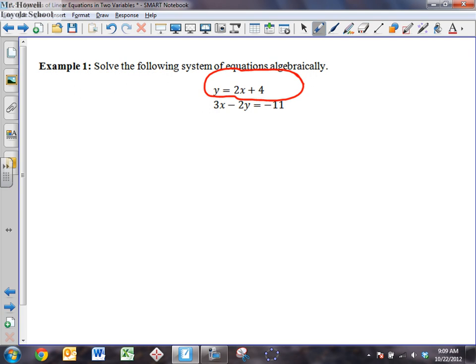Because you can simply substitute the expression. So take 2x plus 4 and substitute it in the second equation for the variable y, because that's what the definition of y is. Again, it's like a synonym in English. If you have a synonym, you can substitute it in its place.